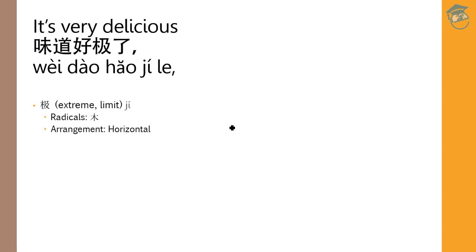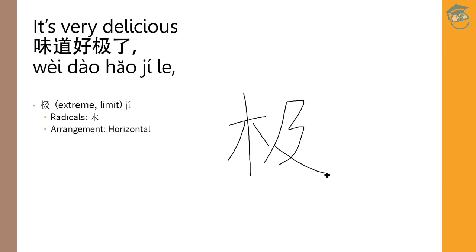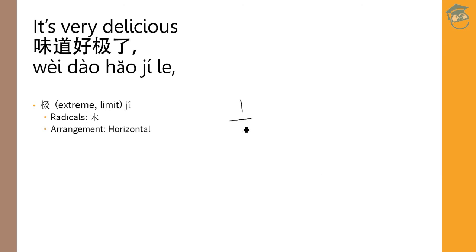Let's look at how to write 极. 1、2、3、4、5、6、7. Okay, 7 strokes for this word, 极. Please keep the latter one. Alright, the former one, please delete it.